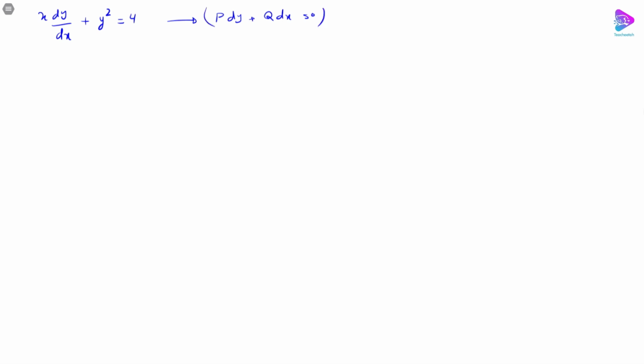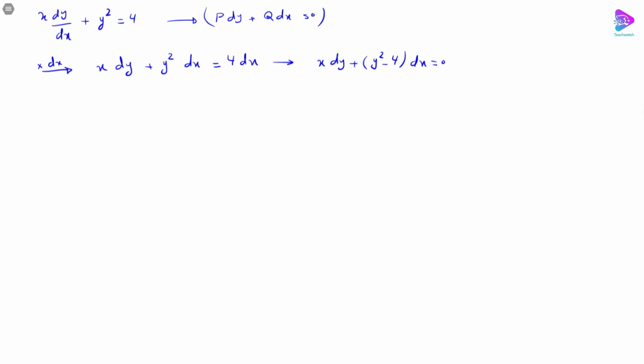So now I'm going to simply multiply by dx and we're going to get x dy plus y squared dx equal to 4 dx. Is that correct? So let's just rearrange this: x dy plus (y squared minus 4) dx equal to 0.